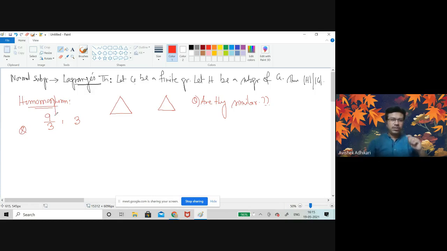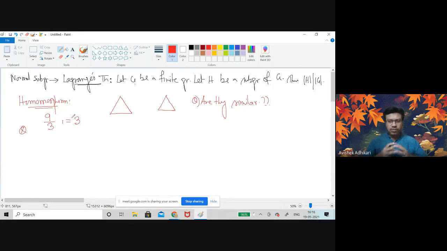Somebody will say that here we have used different symbols and notations, so of course they are different. But from the mathematical viewpoint, because you all know the definition of rational numbers, you will say they are exactly the same. 9 by 3 and 3 are exactly the same.